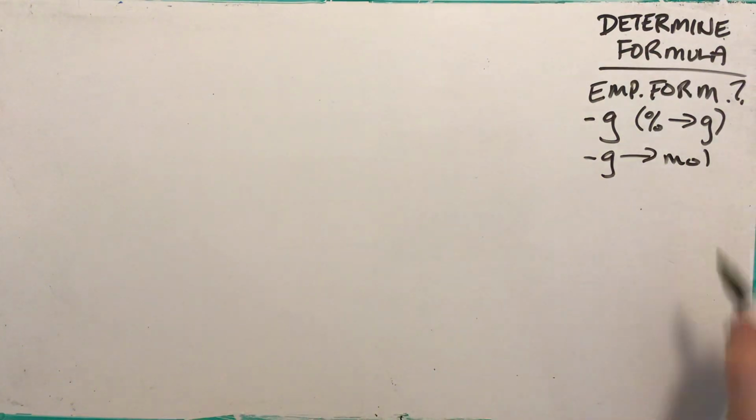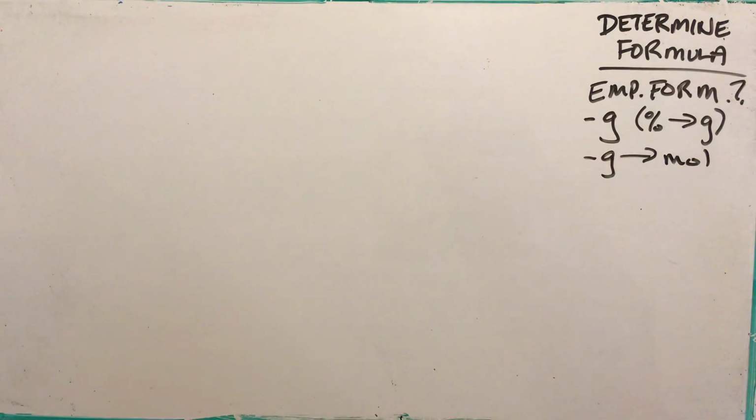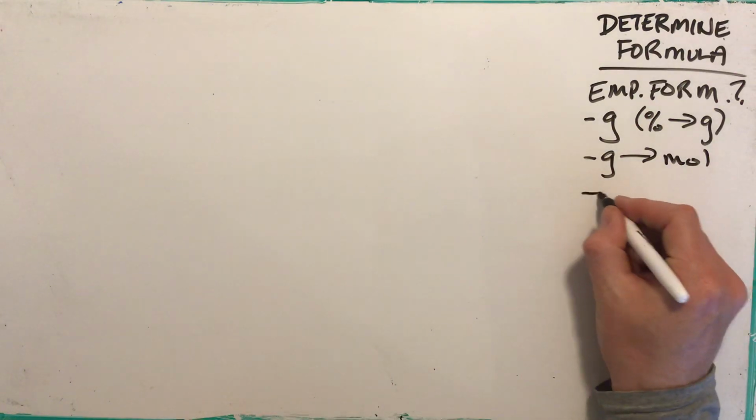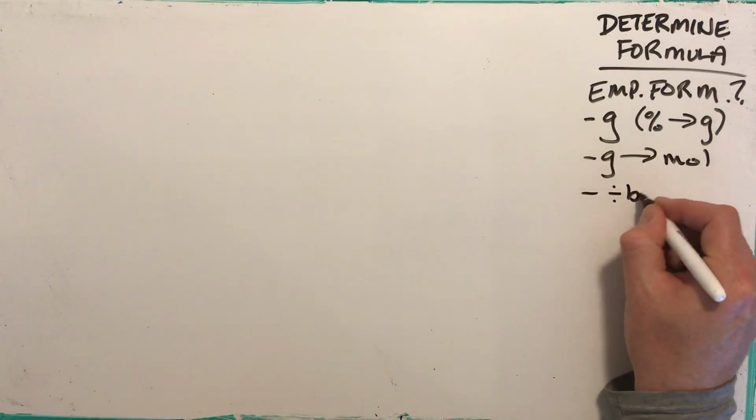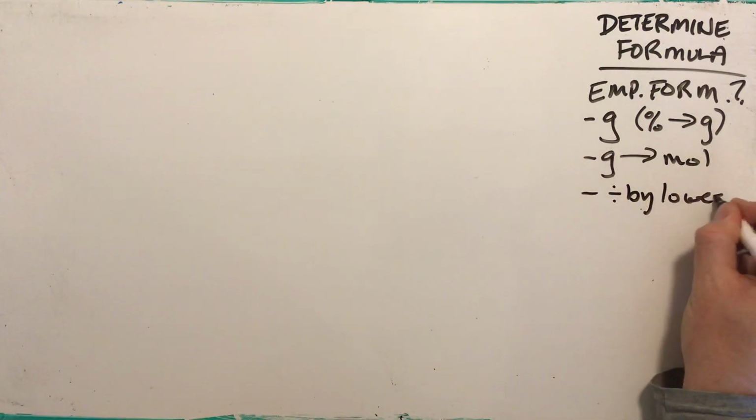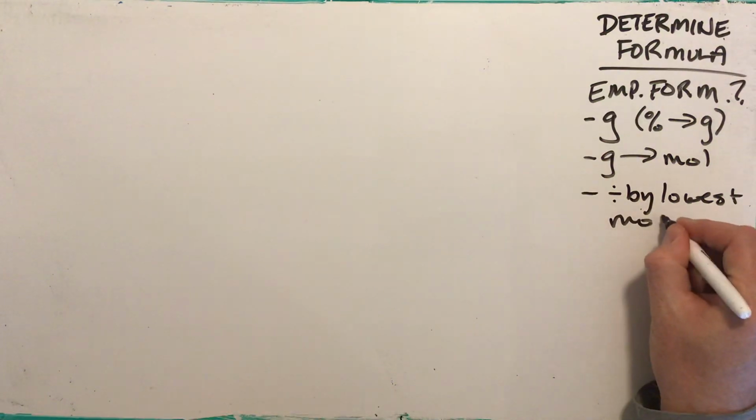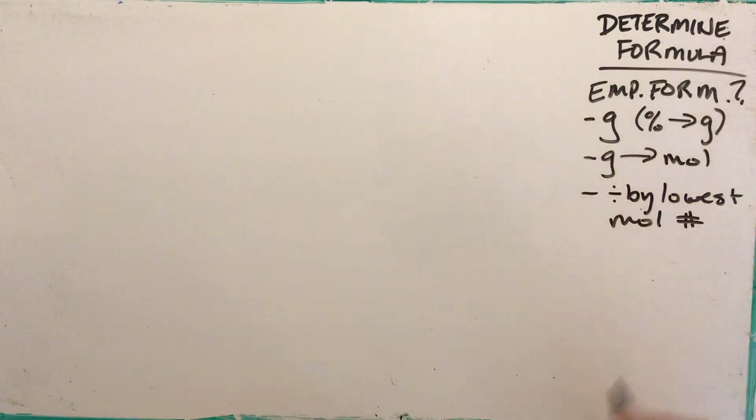Because moles in chemistry is amounts. If a question asks you what amount of something is required, they want to know how many moles you need. And then what we did was we divided by the lowest mole number. All right, so we had the mole for each element. We looked at which one was the lowest number, and we divided them all by that.